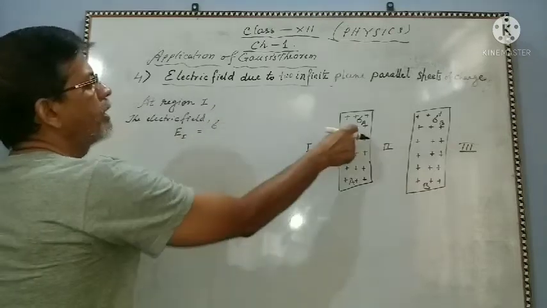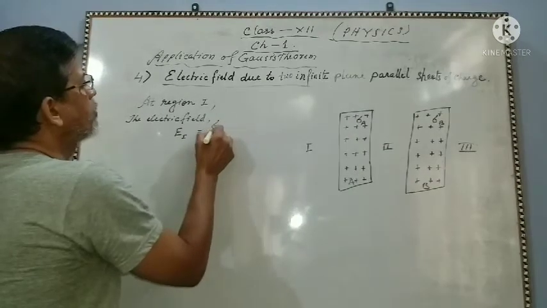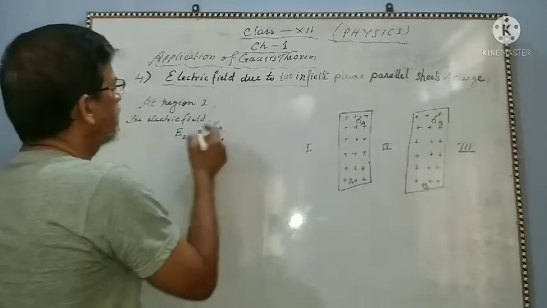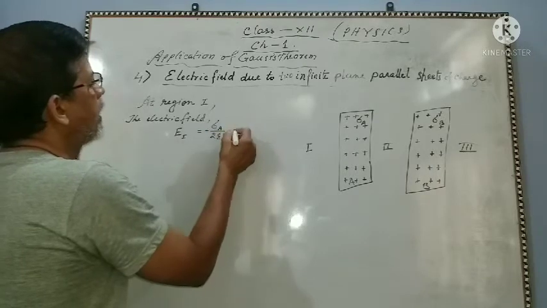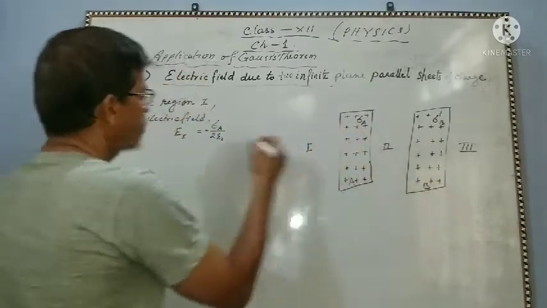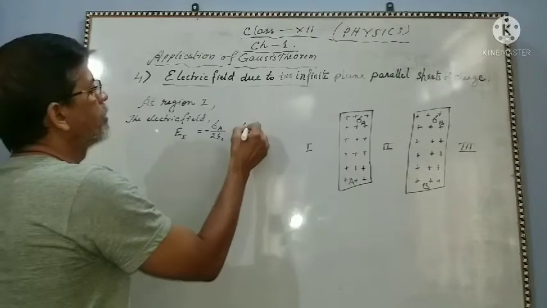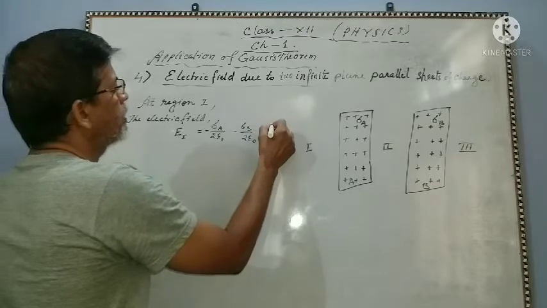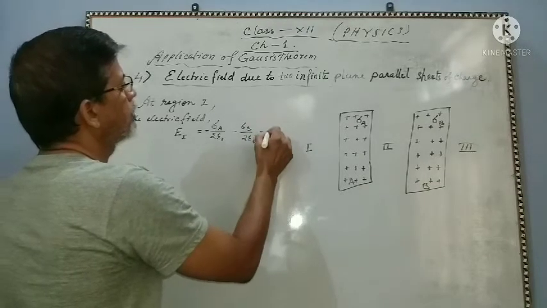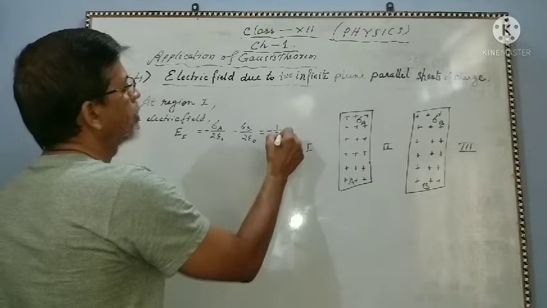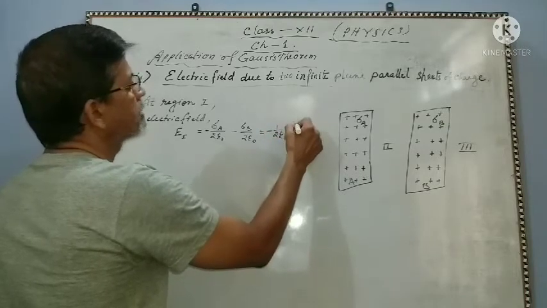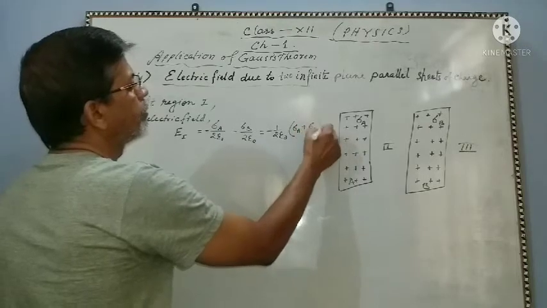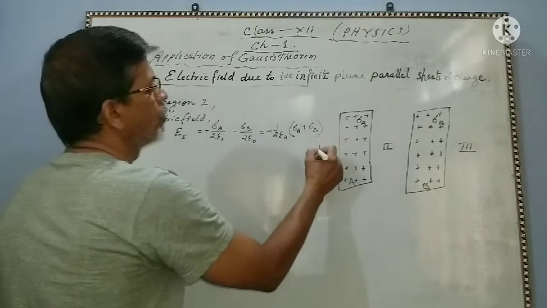So for this it is sigma A by twice epsilon naught, but this is the left side, so minus, and plus this, but this is also minus, so minus sigma B by twice epsilon naught. Taking minus 1 by twice epsilon naught common, what we are getting is sigma A plus sigma B. This is for region 1.